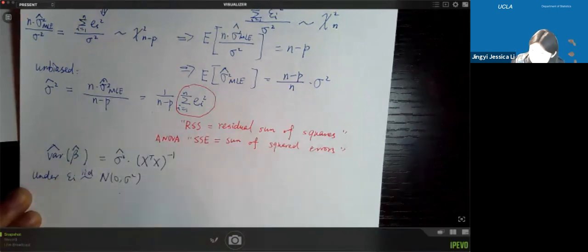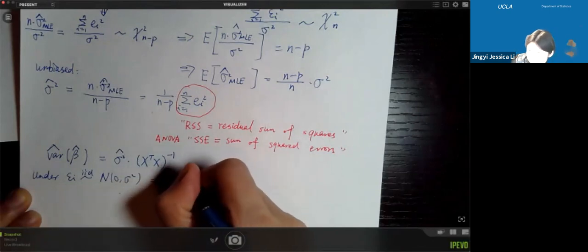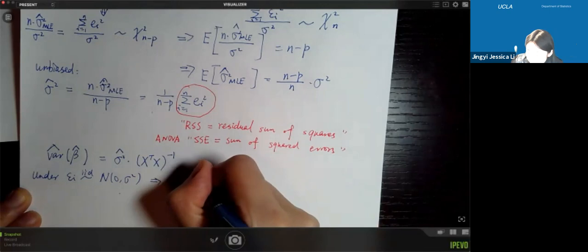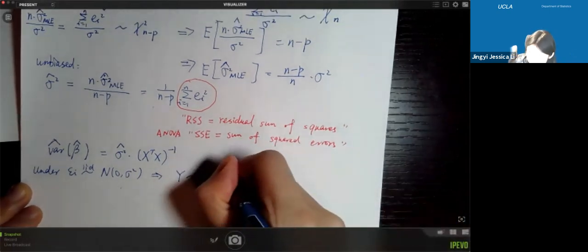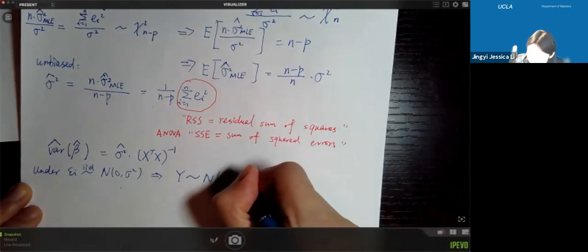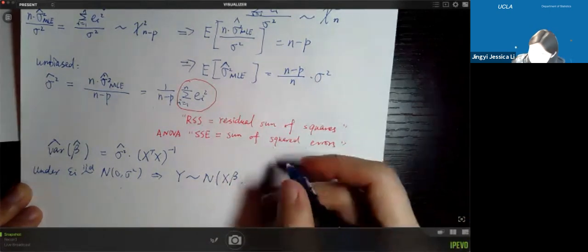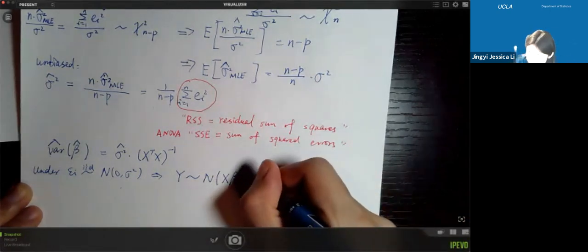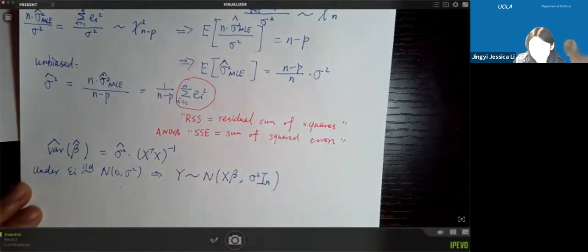then clearly we can say Y would follow an n-dimensional multivariate normal, with mean X beta and variance just sigma squared times the identity matrix. That's it.